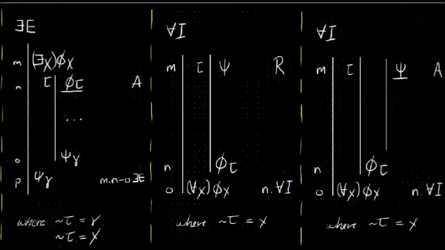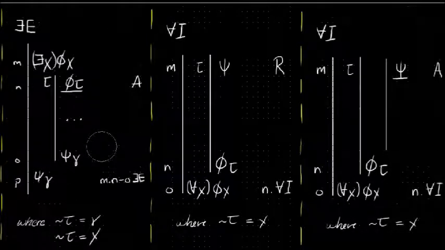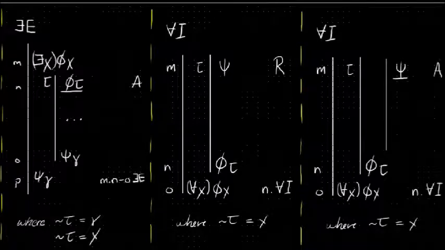Then through some manipulation we end up with a formula psi gamma, and we can move that straight down and left onto our main scope bar, psi gamma. Remember that here tau does not equal chi and it does not equal gamma, so we can't move the parameter tau from the bar where it starts. We have to end up here with a formula that doesn't have tau in it.